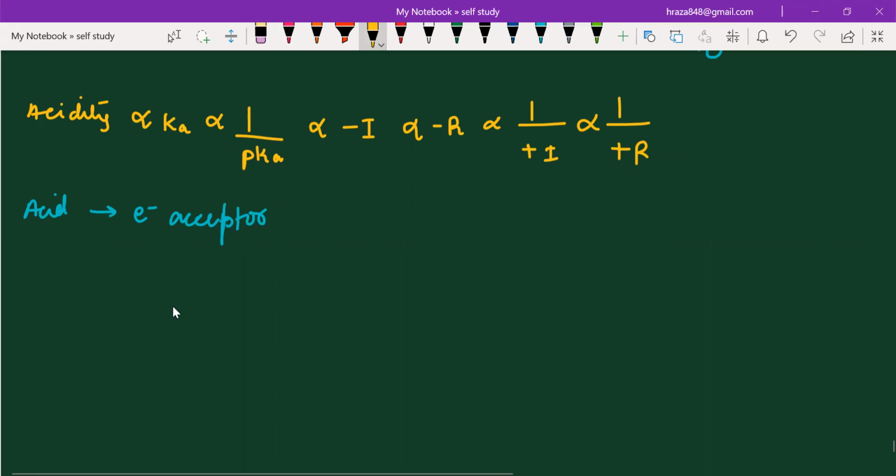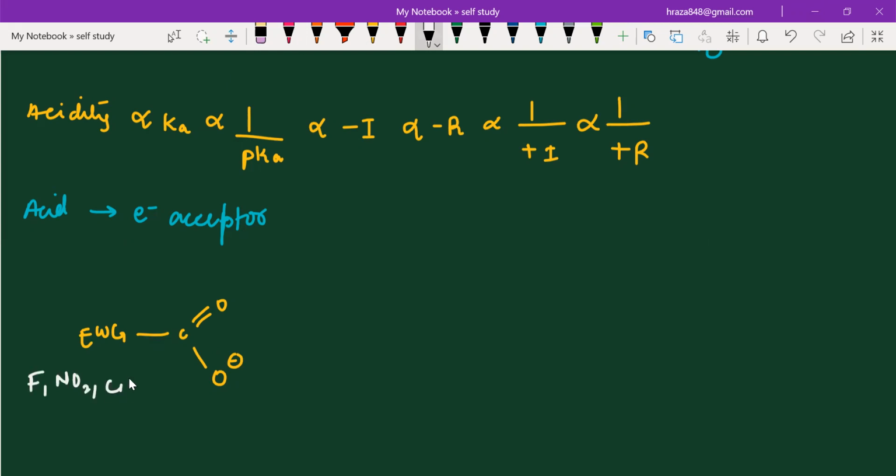If I give you a question like this, C double bond O, and this is your O, and there is a group which is EWG, electron withdrawing group. And electron withdrawing groups are many, like we can write fluorine, NO2, more electronegative element, CN, like this.